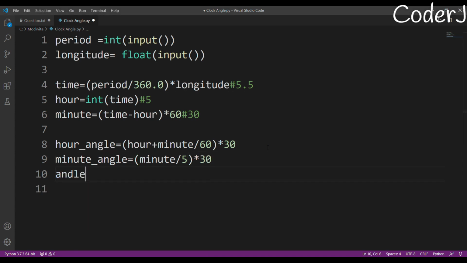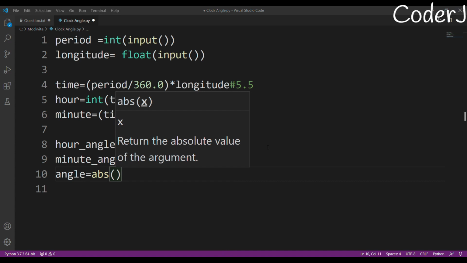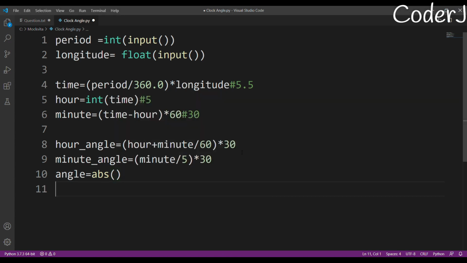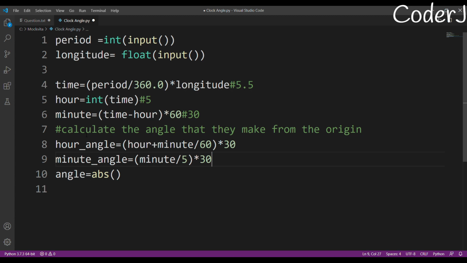I need to find the minimum angle that they make, right? Right now I have just calculated their angle from the origin. Now I need to calculate the angle they make from each other.